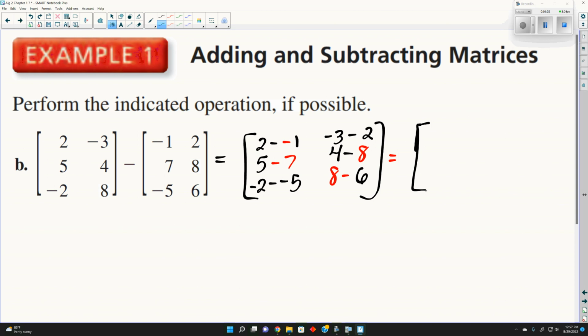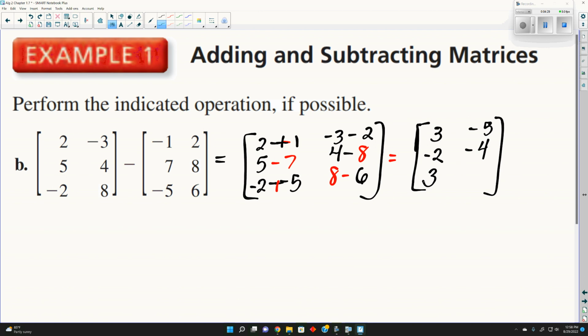Well, our 2 minus -1 is going to be 3, because the negative and negative makes a plus. -3 minus 2, -5. 5 minus 7 is? 4 minus 8 is? 2 minus -5. Negative make a? Would be +3.